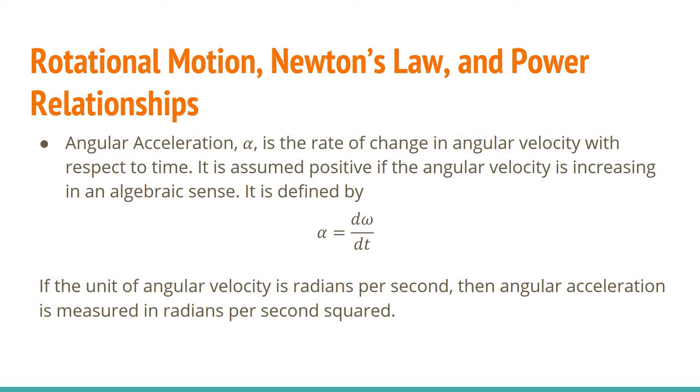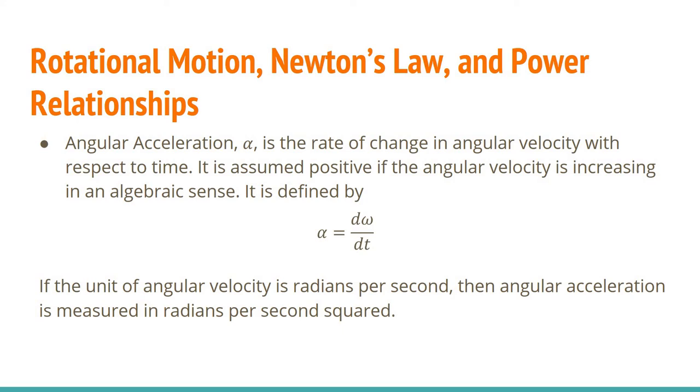The acceleration is negative if the velocity decreases as time goes by. If the unit of angular velocity is radians per second, then angular acceleration is measured in radians per second squared.